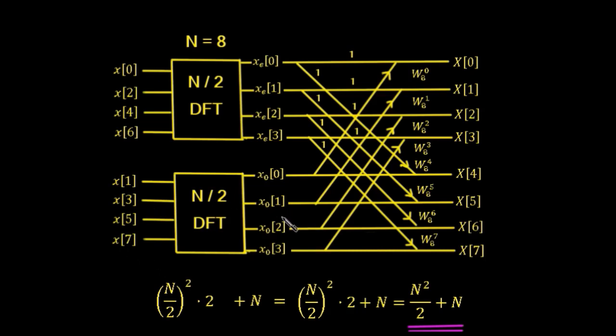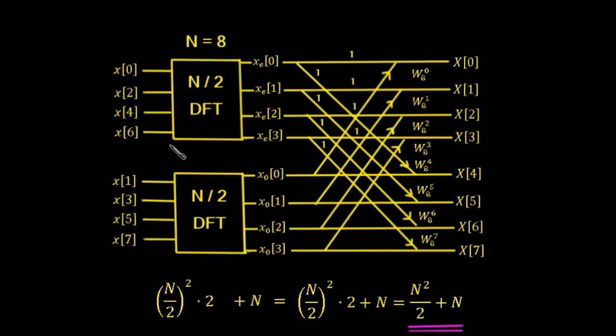So from this we're able to look and see how this type of decimation by 2 is able to save us some multiplications. Because we started off with our 8-point DFT, which is going to give us 8 by 8, so it's going to be 64, or equivalently, it's going to be our n squared multiplications.